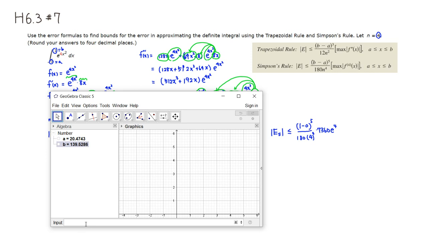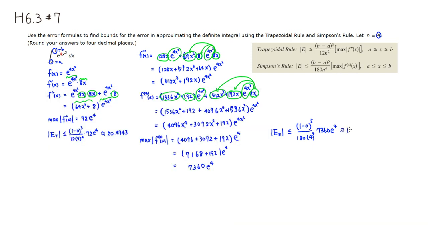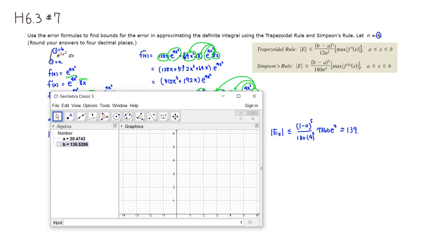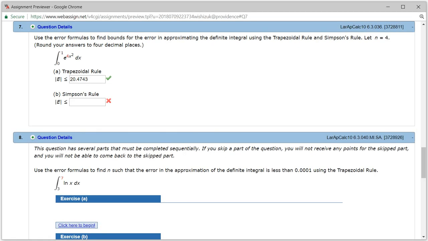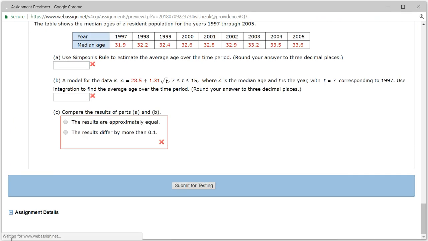So we got 139.5286. Alright, so let's type it in. 139.5286. Alright, so let's check the answer here. Alright, submit for testing.